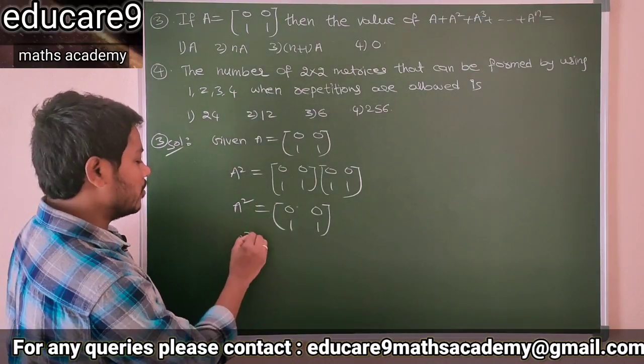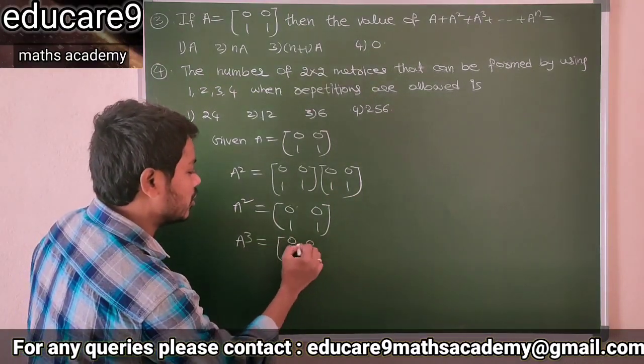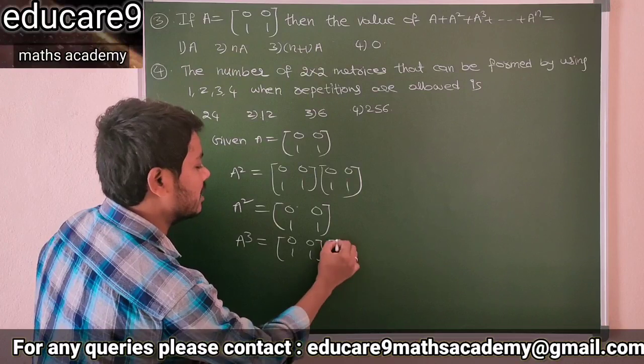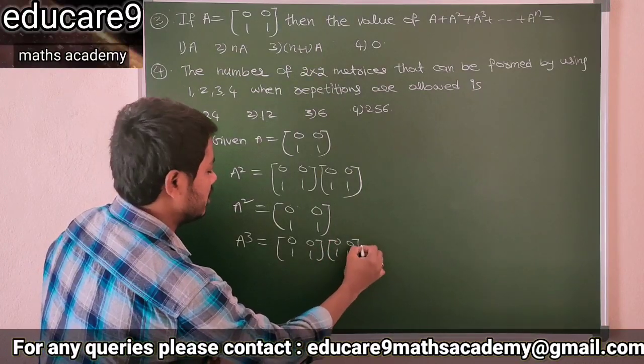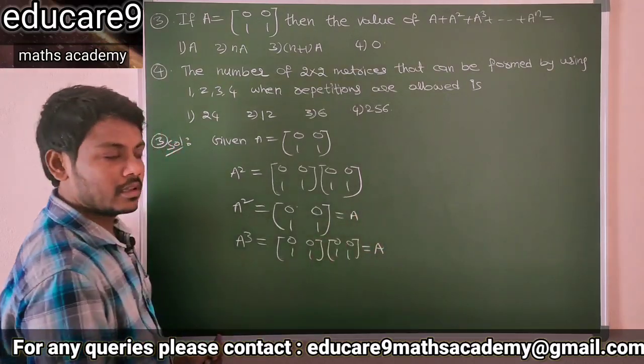And A cube, that is A square into A, that is [0 0; 1 1] into again [0 0; 1 1]. Therefore clearly again you will get the same matrix.